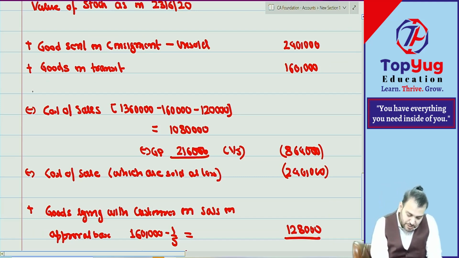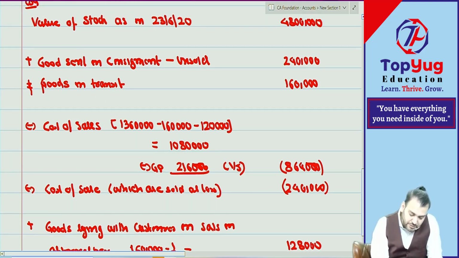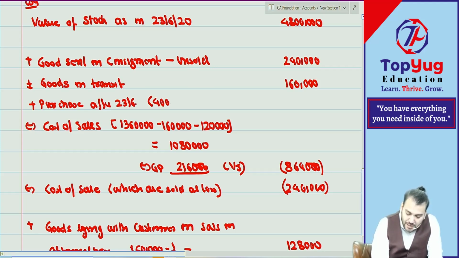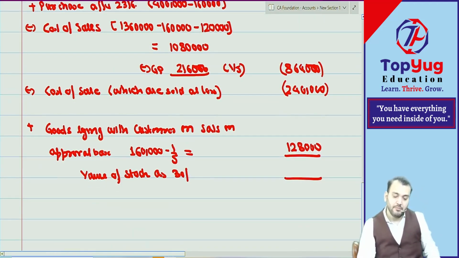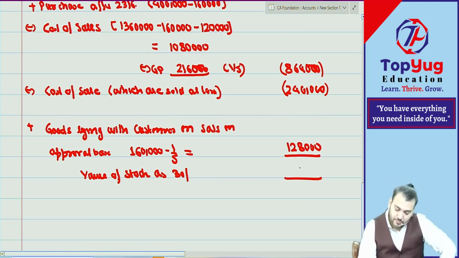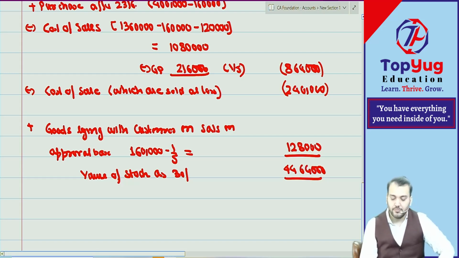So this will be purchase; write down, then goods in transit plus purchase after 23rd June, it is 4 lakh minus 1 lakh 60,000, that is 2 lakh 40,000. Now value of stock, how much is it coming? 44 lakh 64,000. Understood.